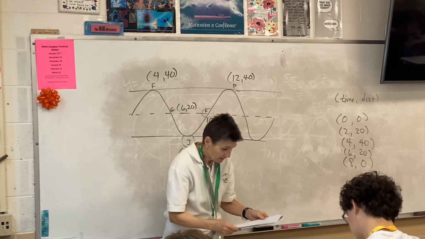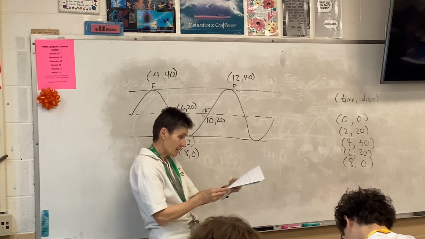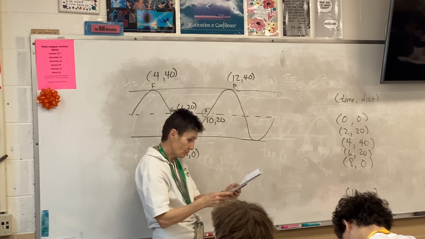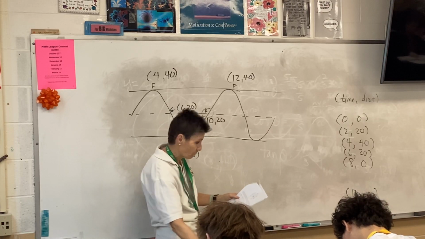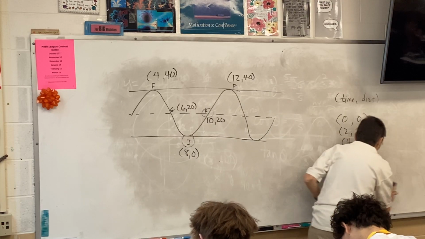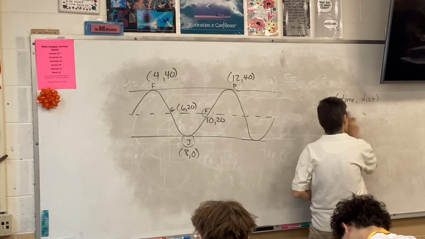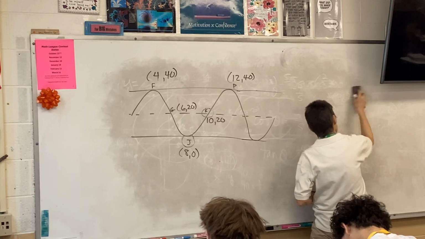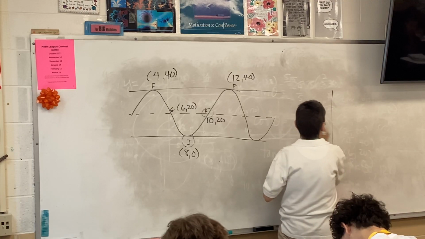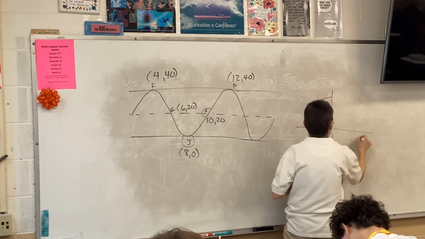Okay, let's get our notes out, and we're still in 3-2, and I think we're ready for example 3, which is very, very easy. Don't let the vocabulary and all those letters make you nervous.